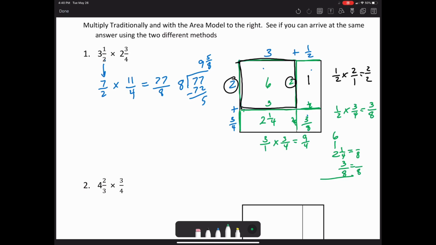So 1/4 is going to be 2/8, and this is going to be 3/8. So I have a total of 5/8. And then here are my whole numbers. I have 6 plus 1 plus 2, which is 9. So you can see I have 9 and 5/8 and 9 and 5/8.